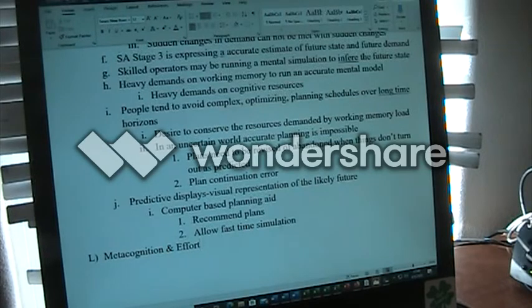So let's move on to the next section, which is metacognition and effort.